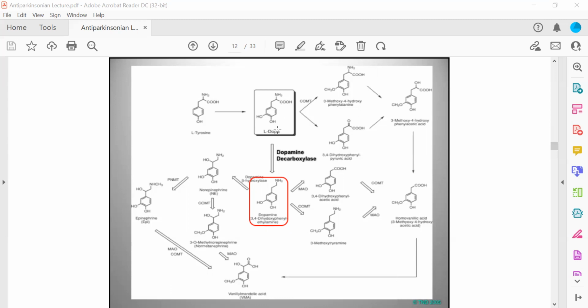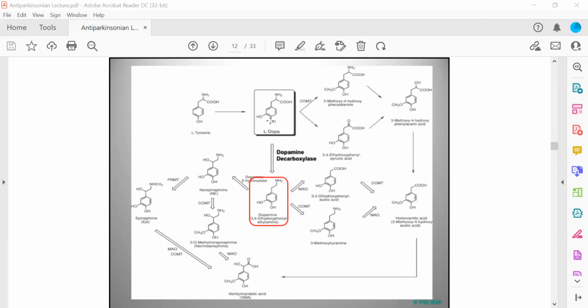We know that levodopa is a bioprecursor prodrug of dopamine. And you can see what happens here. Levodopa can cross the blood-brain barrier. It reaches the central nervous system, and there's an enzyme known as dopamine decarboxylase that then converts L-dopa into dopamine, and thus you have higher levels of dopamine in the brain.